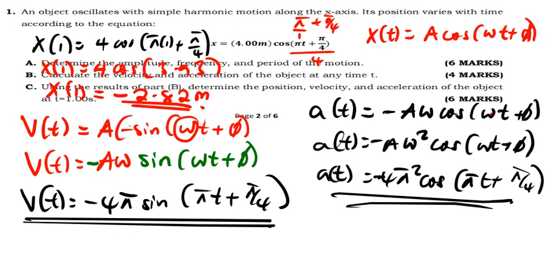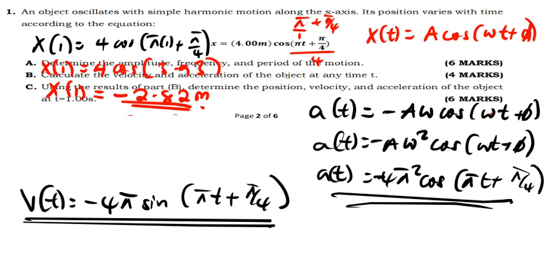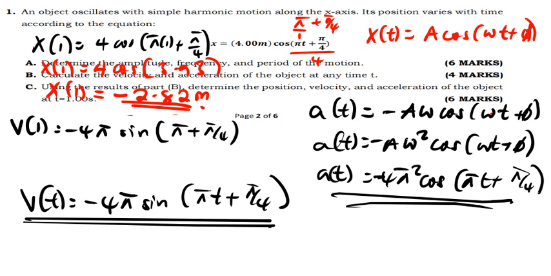Now again, using the second formula, we want to find the velocity. The velocity as a function of 1 is negative 4 times pi sine(pi plus pi over 4), which we already know is the same as here, 3.93.